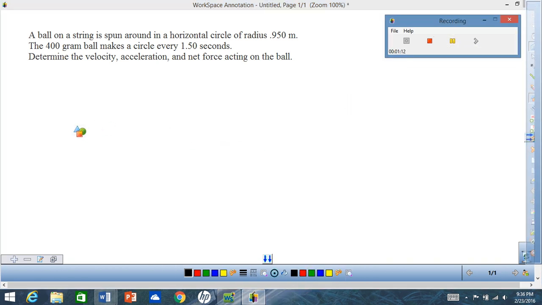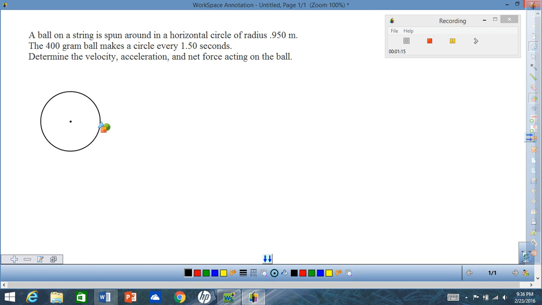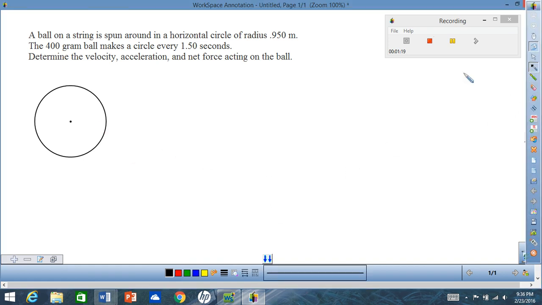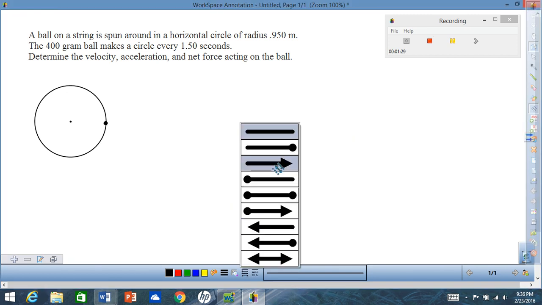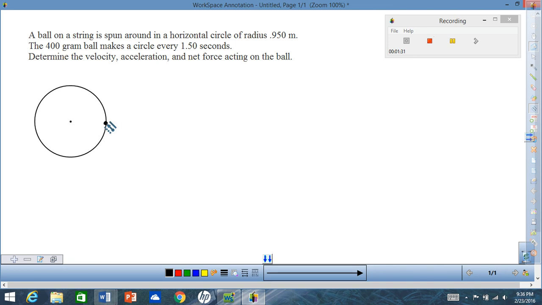The object is going to be spinning around in a circle, so we'll make a circle for it to spin in real quickly, and the object itself we'll represent right here. We know that its velocity at any point in time will be tangent to the circle, so we'll represent that right here.